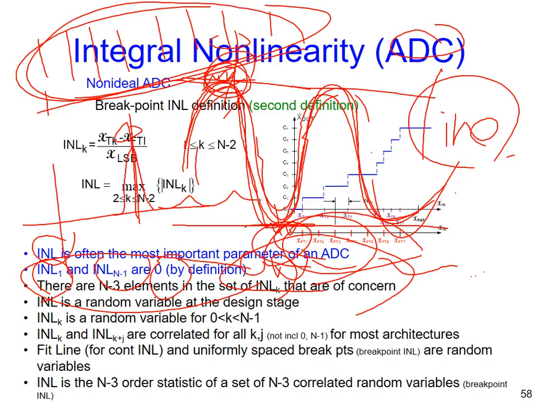So for test, for measurement, don't be silly. I mean, don't use such a full range input to test your ADC. Nobody does anything like this. Usually, the magnitude needs to be a little bit smaller. A little bit. Okay? But not too small.